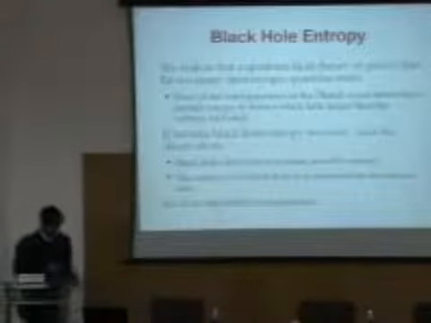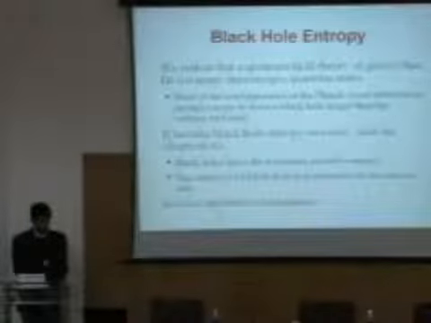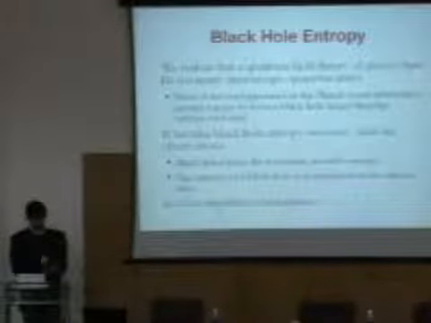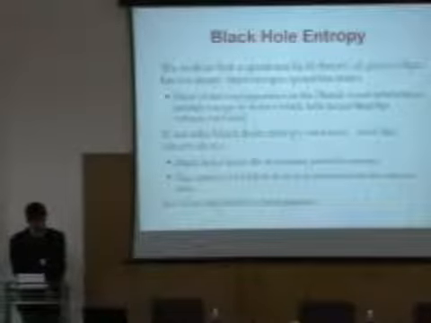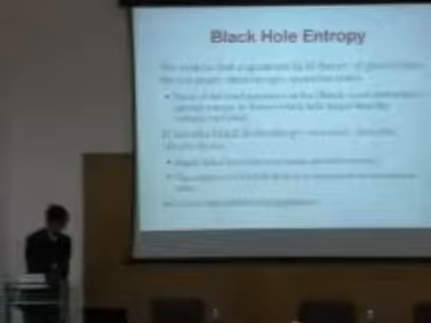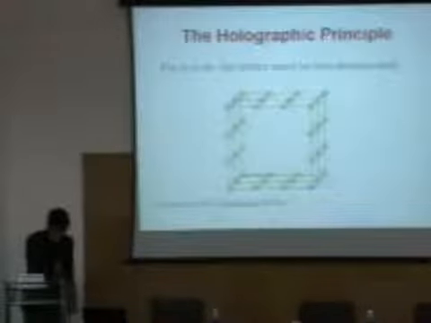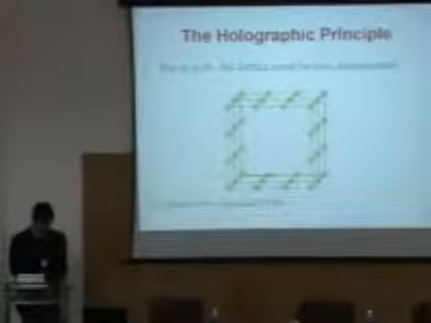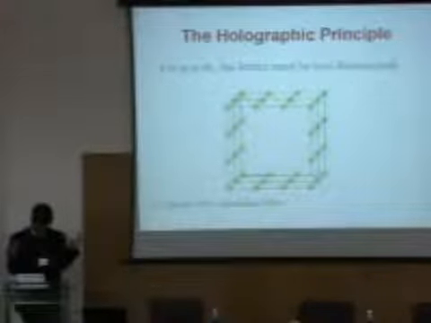But the point is, if we take black hole entropy seriously, then the observations that 1, black holes have the maximum possible entropy, and 2, that the entropy of a black hole is proportional to the surface area, have an important consequence, which is the holographic principle. For gravity, the lattice must be 2-dimensional.